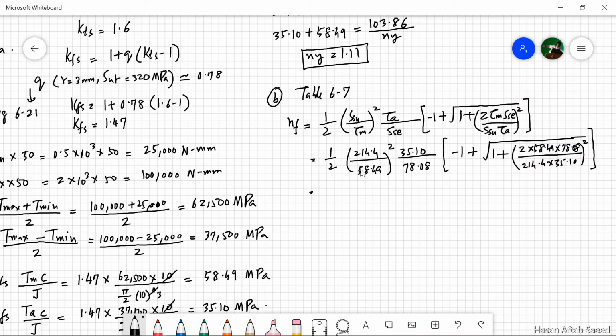This turns out to be 1.73. Let's write Gerber here.